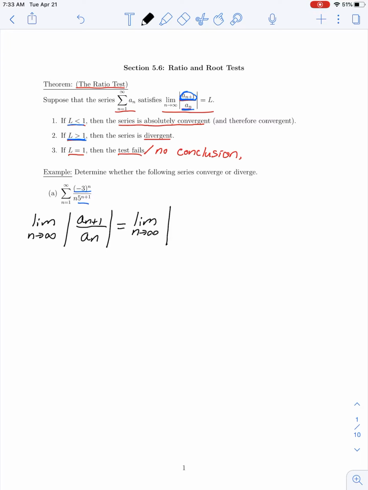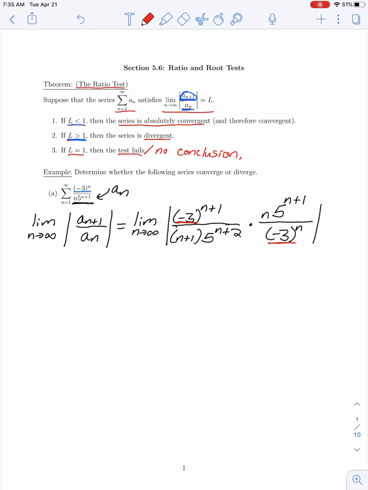Now, once we write out the expression for this ratio, we'll see that in a lot of these problems, the terms in the numerator and denominator can cancel or simplify. So let's see what's going to cancel here. In the numerator, we have a -3 to the n plus 1 power, and in the denominator, we have -3 to the nth.